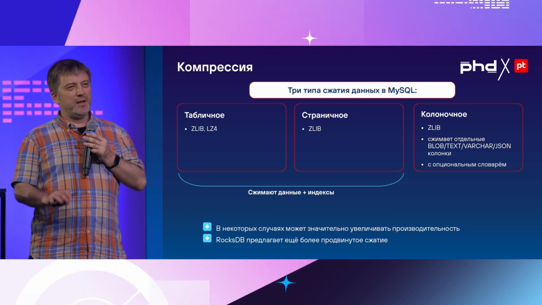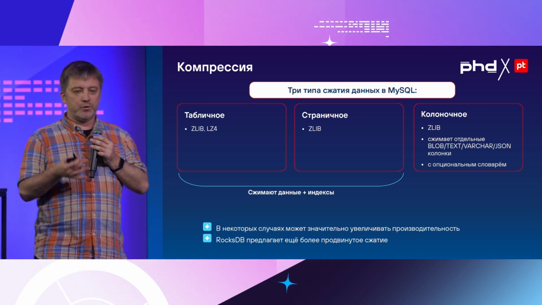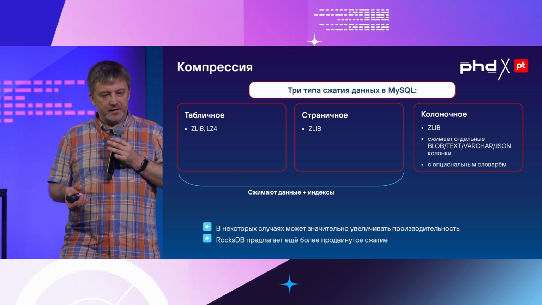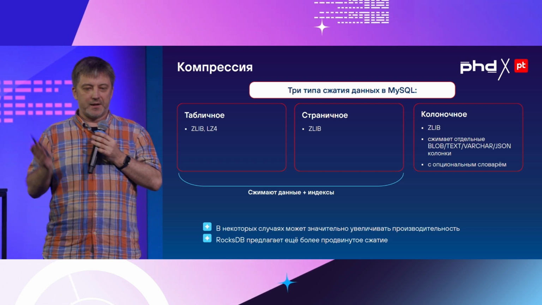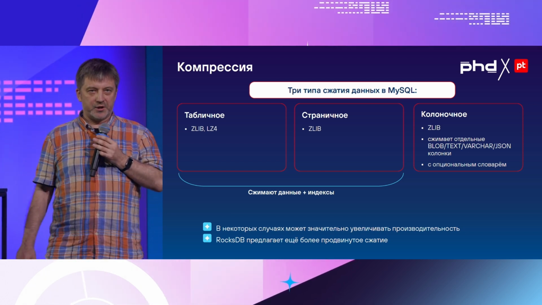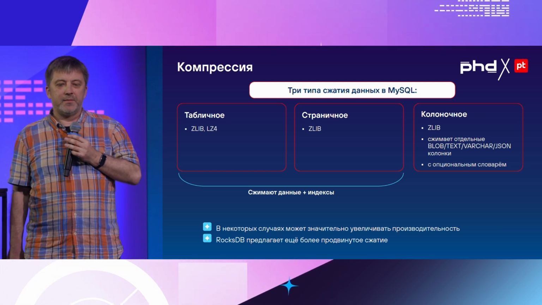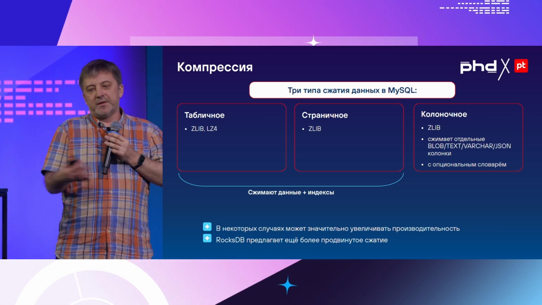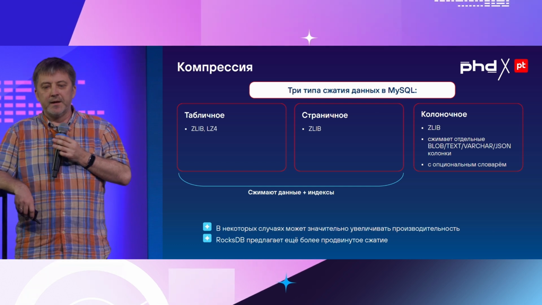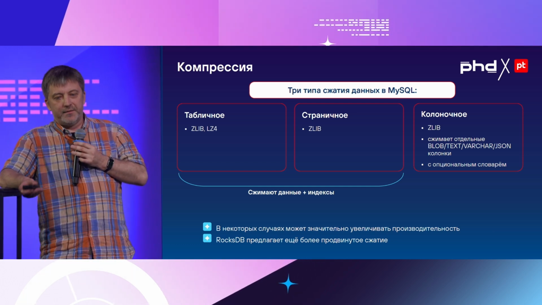Compression. There are 3 types of data compression in MySQL: table-based, page-based, and column-based. The table-based and page-based compress both data and index. There's another type of compression, column-based. It was developed by Alibaba, and then it was passed to the developers.